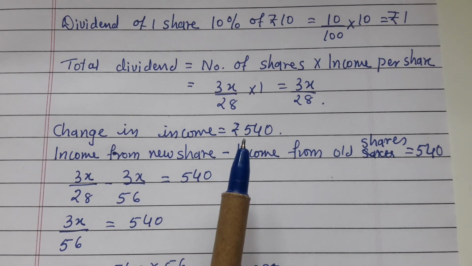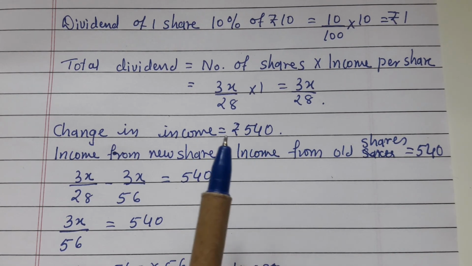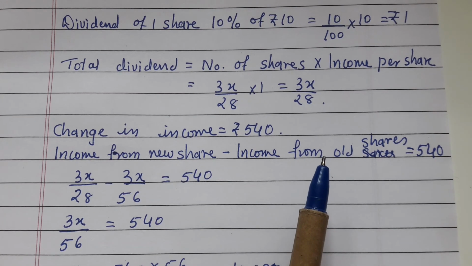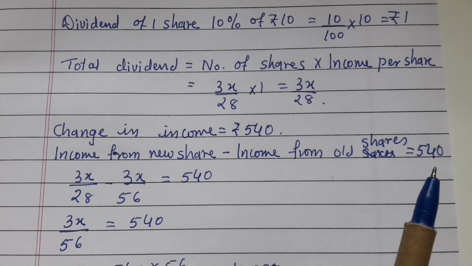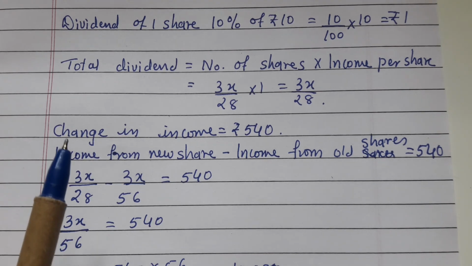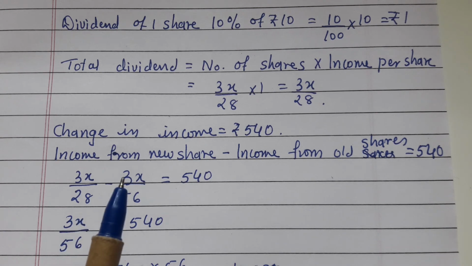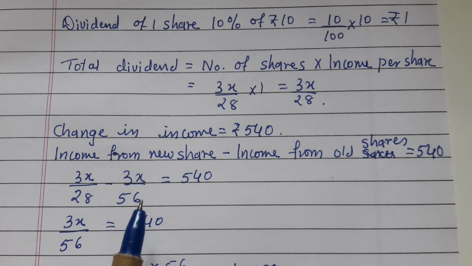Change in income is rupees 540. Income from new shares minus income from old shares is equal to 540. Income from new shares is 3x upon 28, from old shares minus 3x upon 56, equals 540.